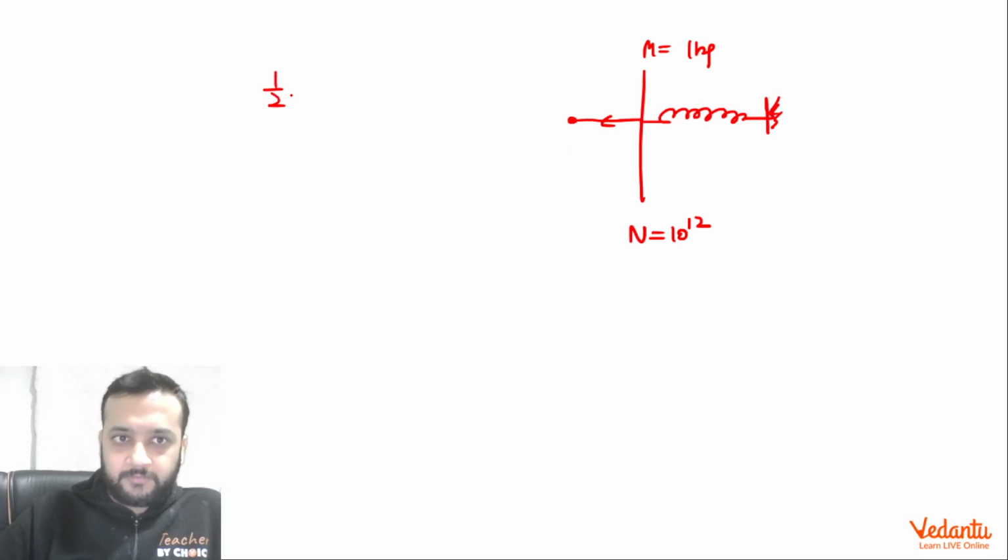That is half m v square, and v we can write as a omega, so half m a square omega square. This is the energy achieved by the mirror. This must have been at the cost of the photons, since the collision is elastic. So we can say that n h c by lambda, the initial energy of all the photons, minus n h c by lambda dash, the final energy, right?